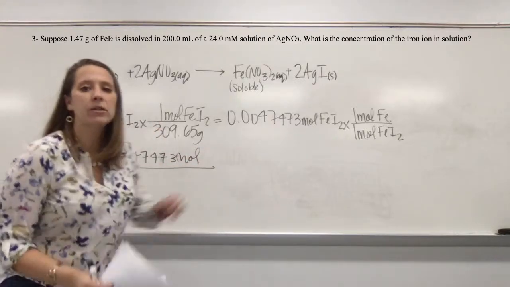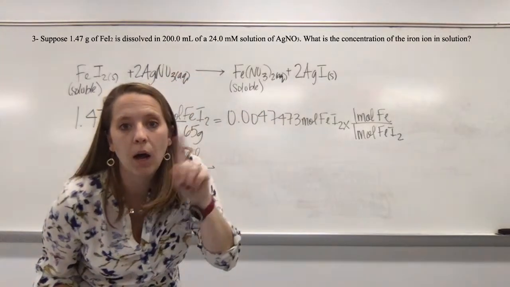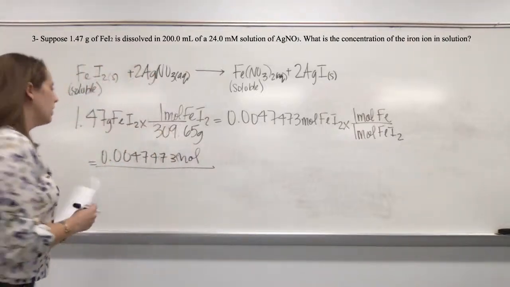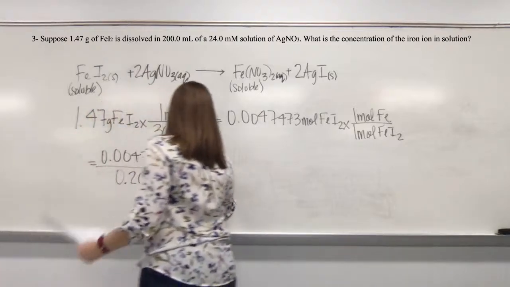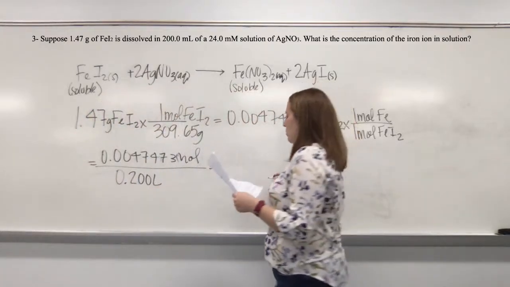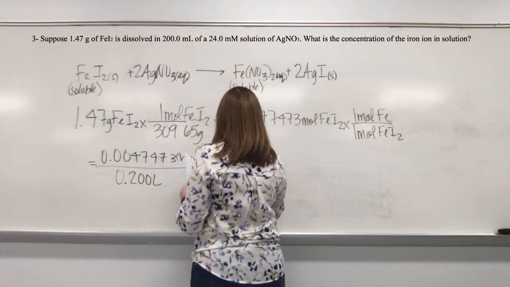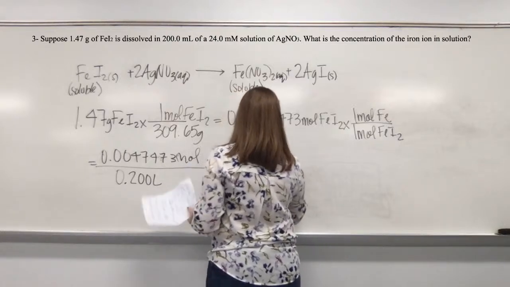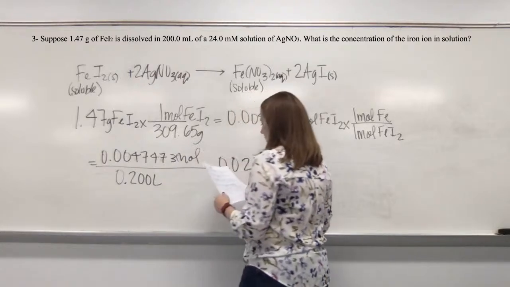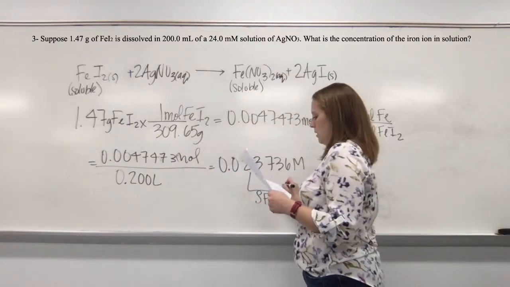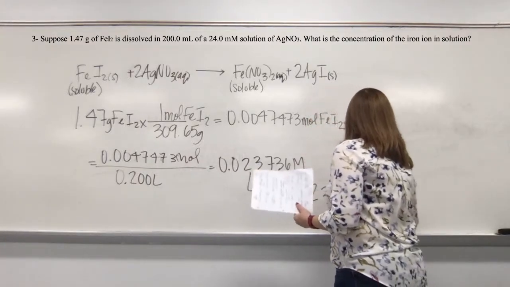And the total volume comes from right up here with the volume of the silver nitrate solution. So we know that it is 0.2 liters. When we plug this into our calculator, we hopefully get the same thing I did, which is 0.0233736 molar. Now sig figs, there are just 3 in this case, which is 0.0237 molar.